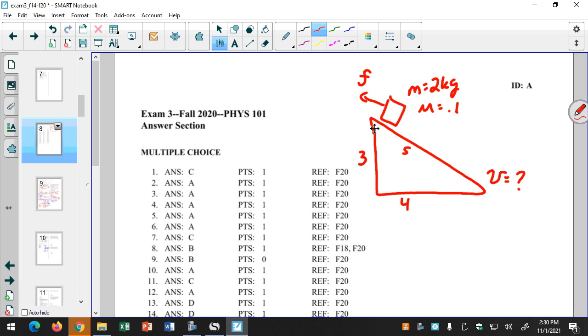So this is an example that is counter to what I just said. I have a change in potential energy, a change in kinetic energy, and work being done by friction.